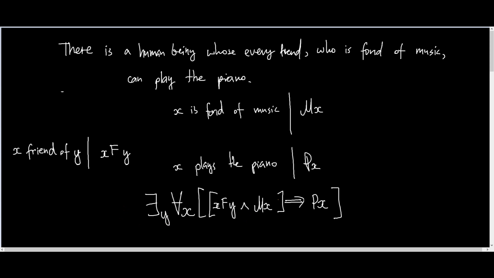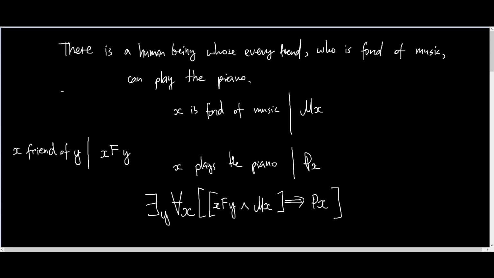Some implication should hold. And how do we read this? If the left-hand side, then the right-hand side, right? Such that every human being that is a friend of y and is fond of music, in other words, for every human being, if the human being is a friend of y and is fond of music, then the human being plays the piano. So every human being that is a friend of y and is fond of music plays the piano.